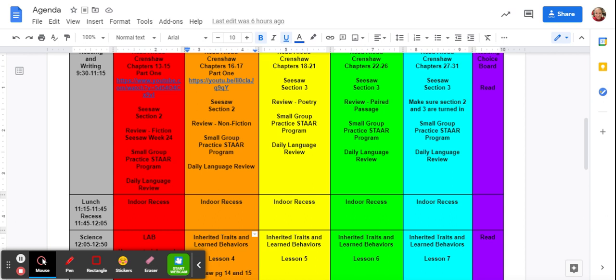If you go down to week 34, daily writing, we went to page 2. All this week our writing prompts have been connected to things that we've been reading about with Crenshaw.